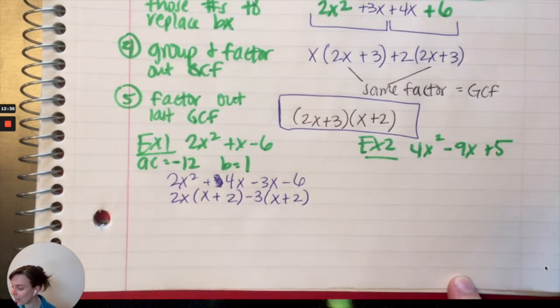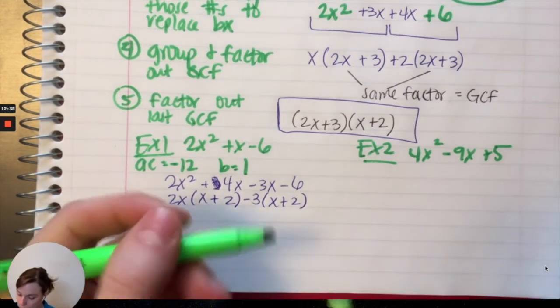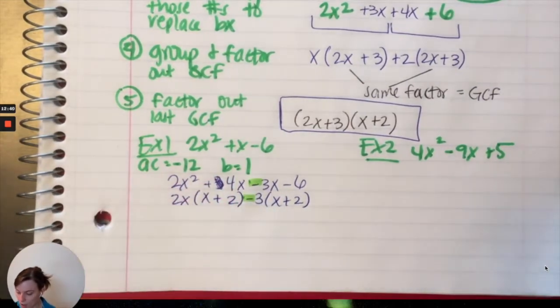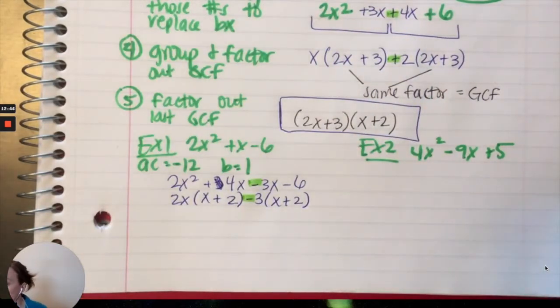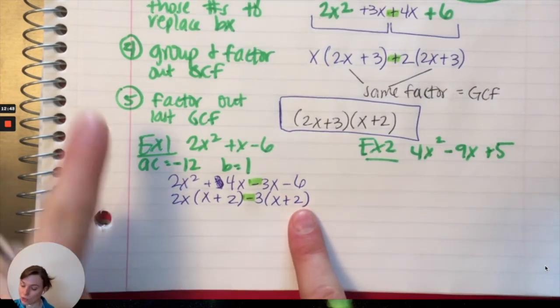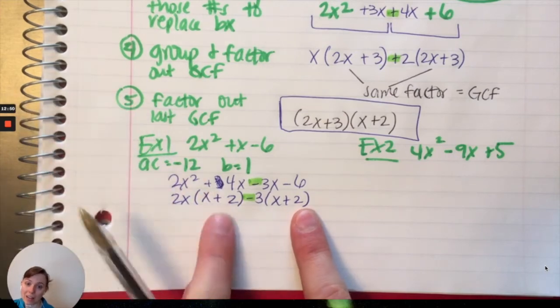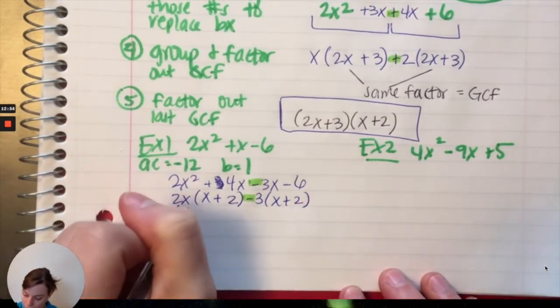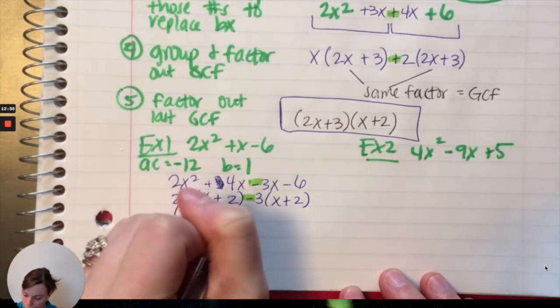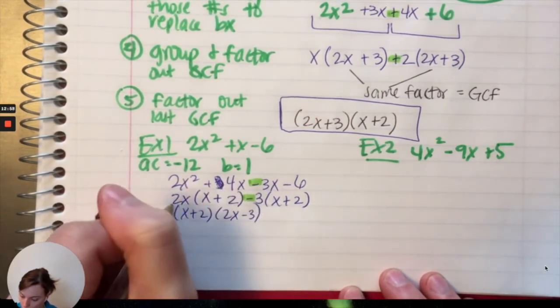If you see a negative here, it's a negative there. If you see a positive up there, it's a positive down there, okay? Those signs have to match. If they don't, the inside quantities won't match, and so step 5 won't work. They have to be the same quantity, so step 5 will work. And that means my final answer is x plus 2 multiplied by 2x minus 3.